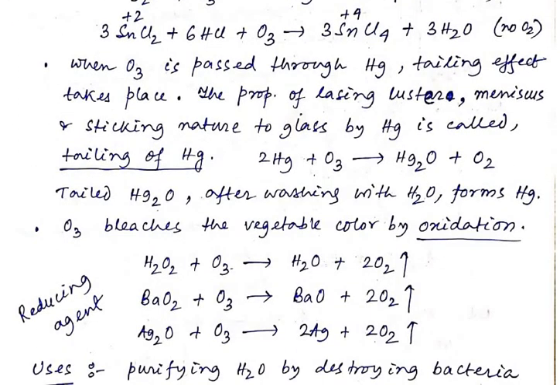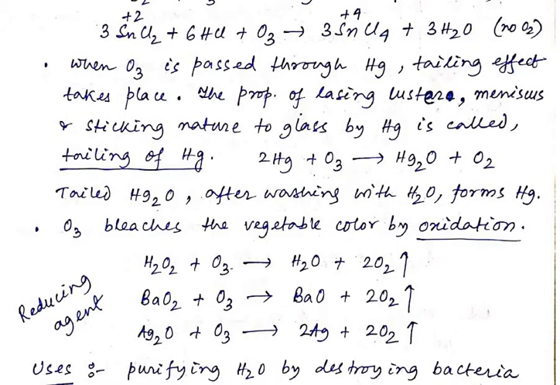When ozone is passed through mercury, Hg, that is very important for your exam, the tailing effect takes place. The property of losing luster, meniscus and sticking nature to glass by mercury is called the tailing of mercury.